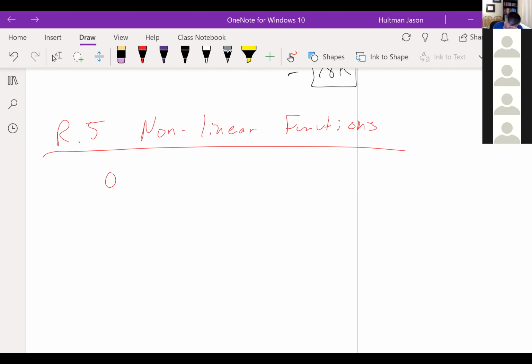Well, a quadratic is a parabola, and it's anything that stops at x squared being the highest exponent. So like y equals x squared, that's a parabola.